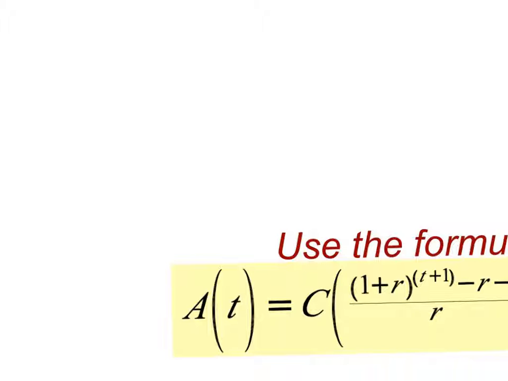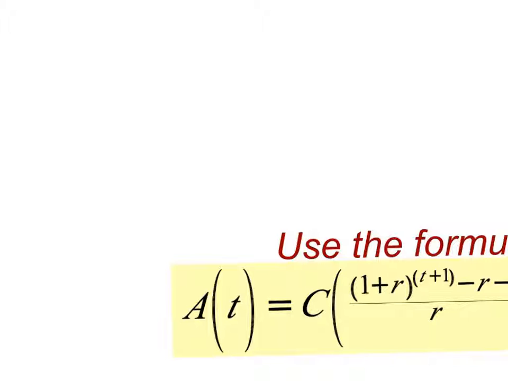Next step in my formula is C. C is the amount that we are repeatedly investing. Our contribution amount is 500. So it's going to be 500 times, now we have a big old fraction here. On the top of the fraction, I'm going to start with 1 plus r. Remember, r comes from my percent, but I still have to have it as a decimal. So it's still going to be 0.08.